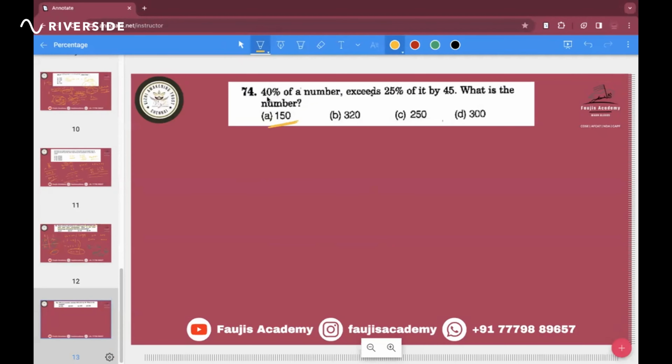You guys understood that they are saying that there is some random number x, and 40% of that number is 45 more than 25% of the same number.